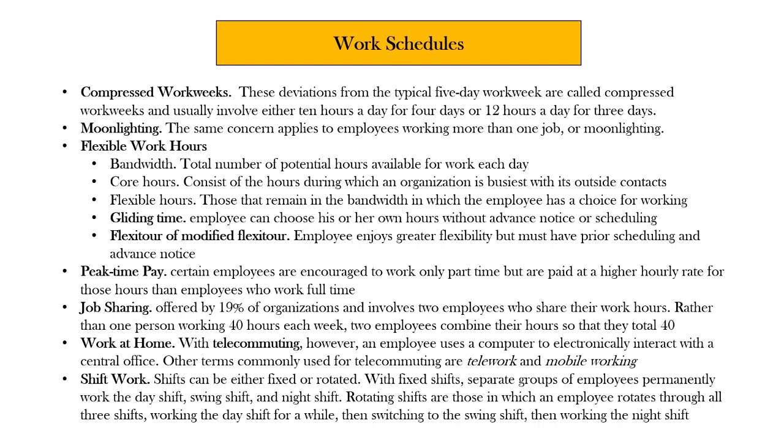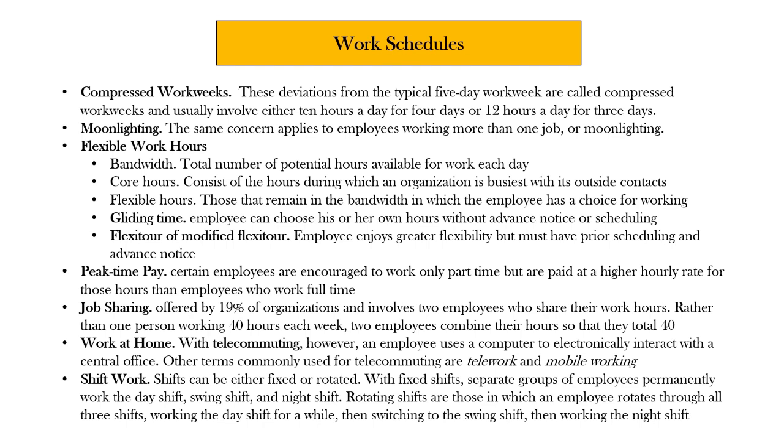We also have flexible work hours, and in flexible work hours, we have bandwidth, core hours, and flexible hours as key terms. Bandwidth is the total number of potential hours available for work each day. The core hours consist of the hours during which an organization is busiest with its outside contacts.